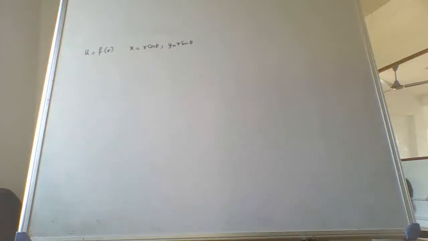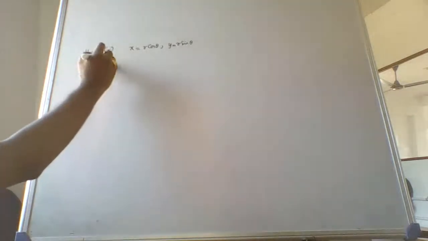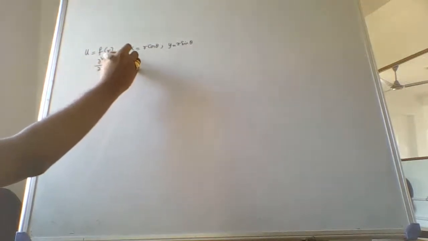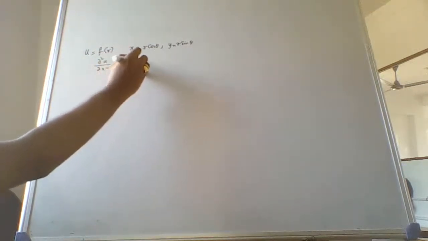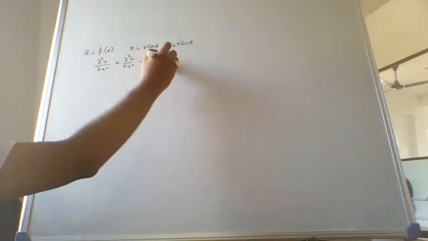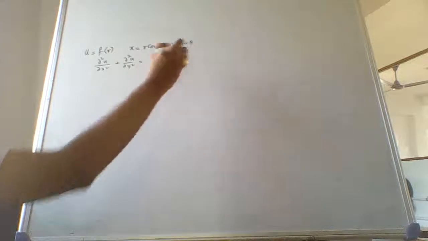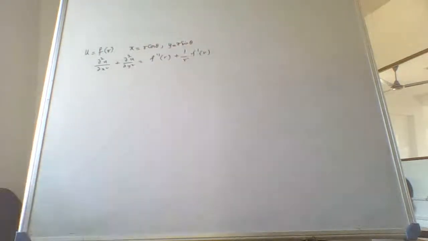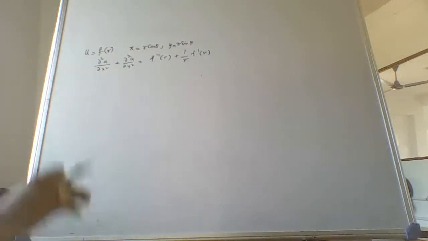We have to prove that dou square u by dou x square plus dou square u by dou y square is equal to f double dash of r plus 1 by r times f dash of r. So u is equal to f of r, x is equal to r cos theta, y is equal to r sin theta. Let us try to solve this here.